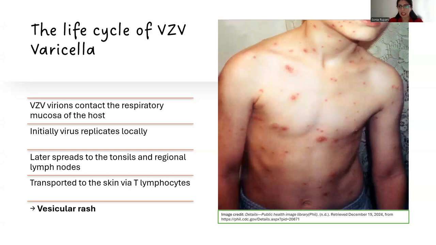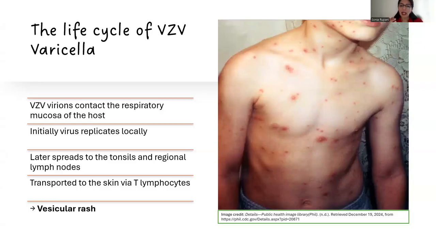Most children will just see the rash as their primary first symptom, while older individuals who get chickenpox have the prodrome of headache, fever, feeling tired. So those are seen more commonly in older individuals when they are exposed to the varicella zoster virus and they've not been vaccinated. Now, their blisters are small, they're vesicular, they're plenty. They typically start on the face, the chest, the trunk, and the back, and then start spreading all over. They will then start ulcerating, they crust over, and that's it, right?